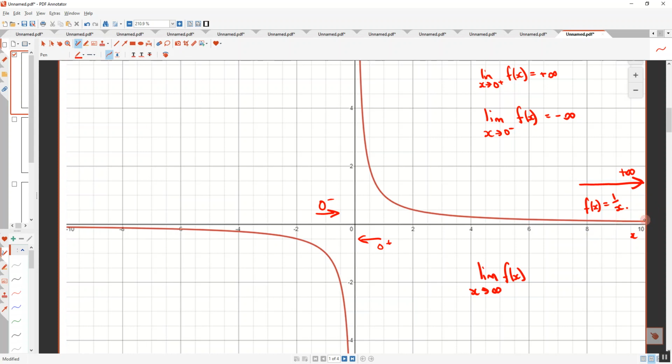I can see that my f of x is getting closer and closer to 0. It's getting closer and closer to the axis. Same on this side. The limit, as x goes towards negative infinity, of f of x goes towards 0 as well.